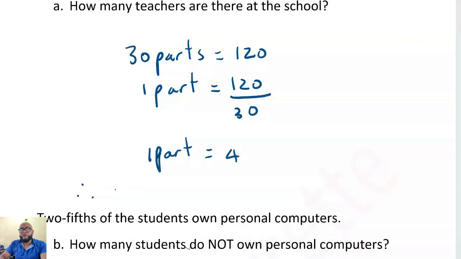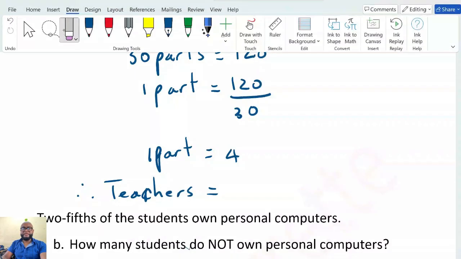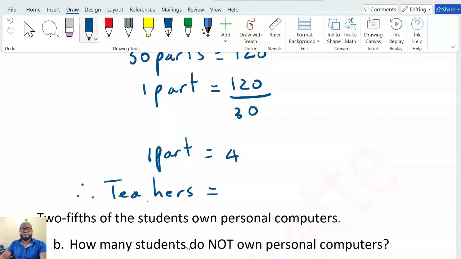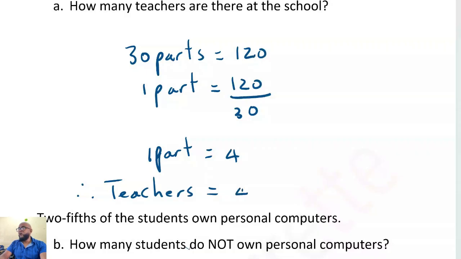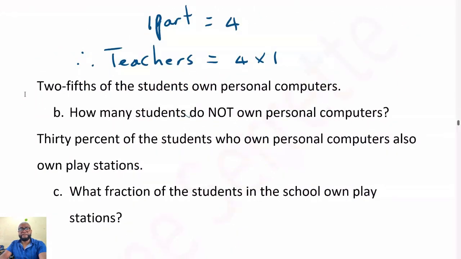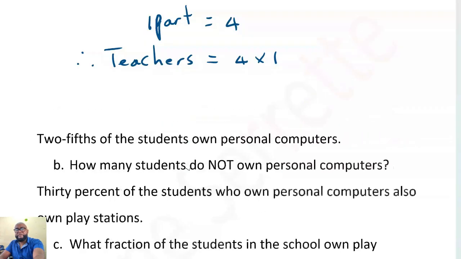So therefore, the teachers would be equal to 4 multiplied by how many parts represent teachers, which is 1. And there's 1 teacher to every 30 students. So therefore, you need 4 teachers.